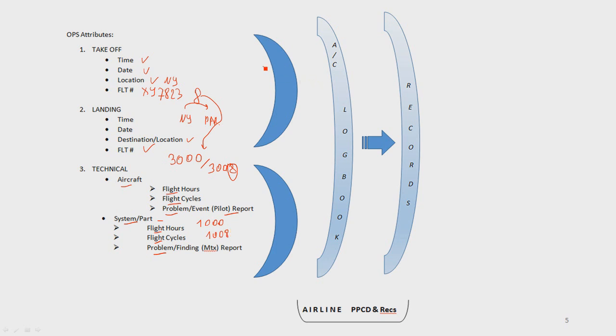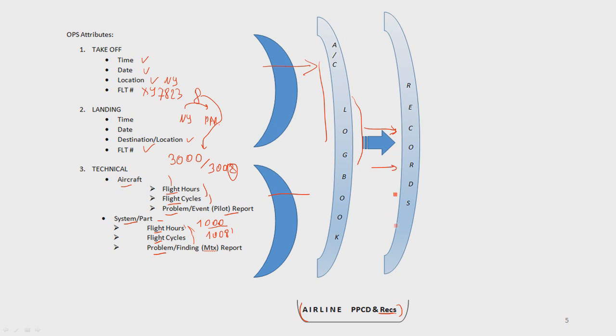All this information goes to the logbook. I'm talking about flight hours and cycles, and then the airline planning, production department and records. They are doing this calculation, adding up these 8 hours with parts, with the aircraft, etc. As I said, this information goes to the logbook, and from logbooks we have records.